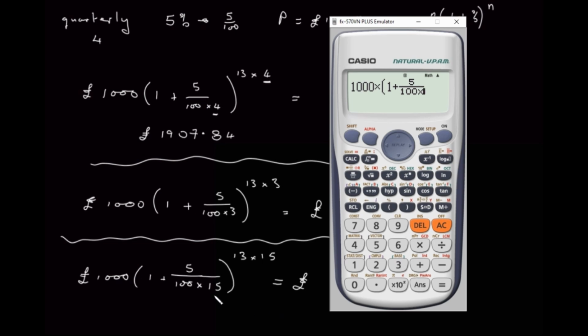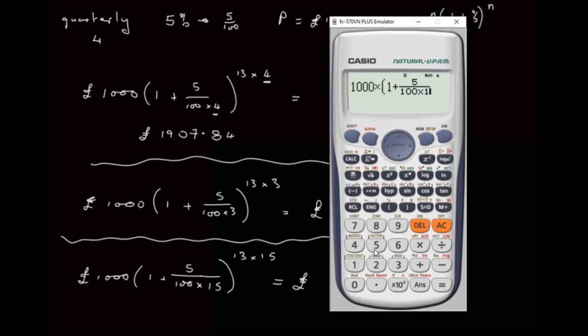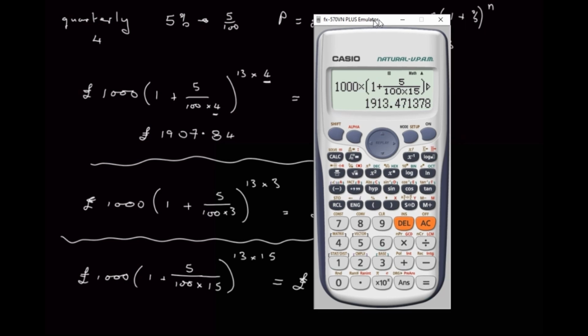Times, there's 15 calculations in a year. 15. Come out of the fraction, close your bracket, raise to the power, and the power is 13. So it's 13 years, 15 calculations in 1 year. This is silly because you will not get this, all right? But it demonstrates what I want to do.